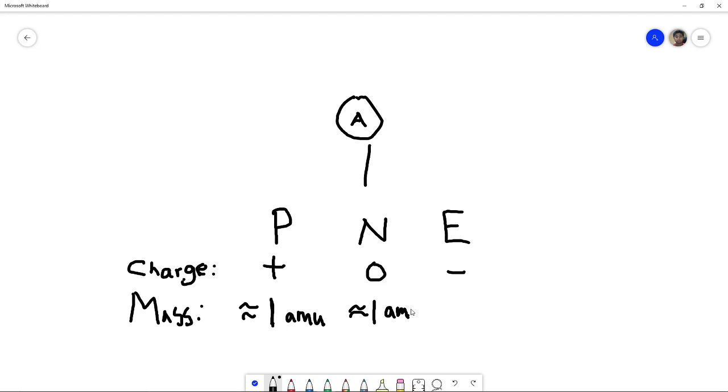But electrons are very small. Therefore, they have a very minute atomic mass, which is very close to 0. Now, this curly sign just means close to.